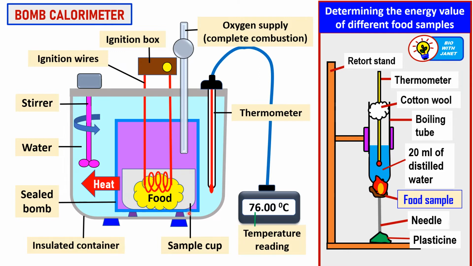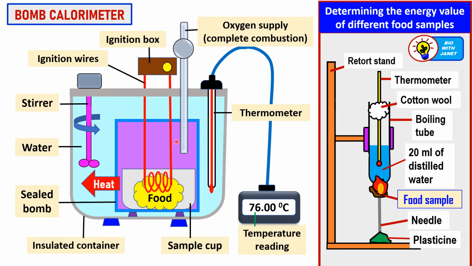First, the food is placed in a sample cup, and then this cup is placed inside a container which is immersed in water. This is called the bomb, and it is sealed up. Now there are wires inside, buried in the food, so that when the ignition is turned on, the food will be ignited electrically as the current passes through it.